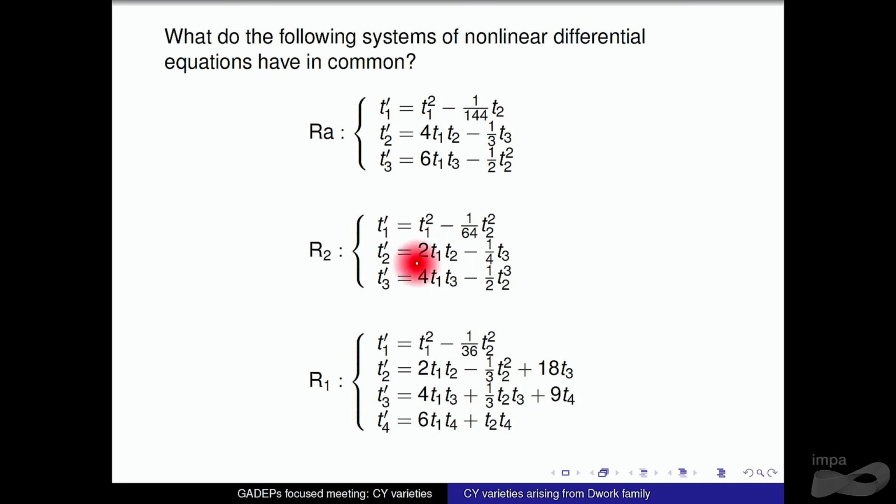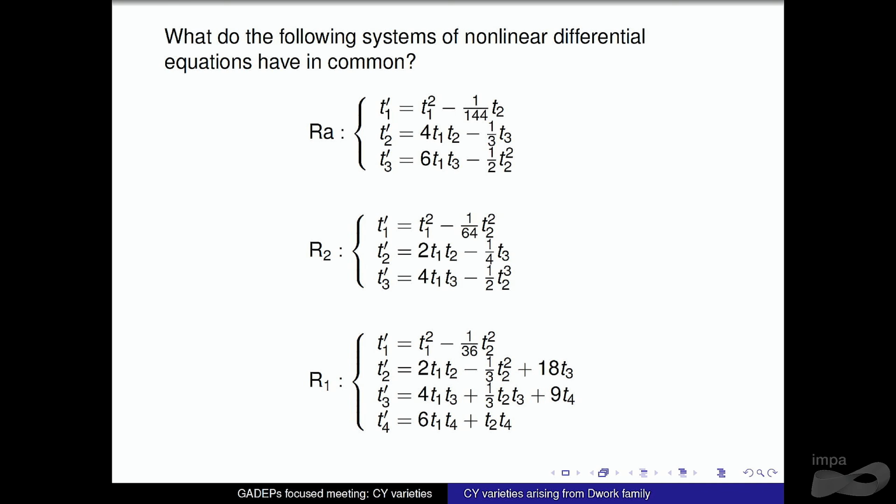You can see that for T3 as well. And the rest of the terms are free of T1. So this is what we can see in the equations included in the systems.